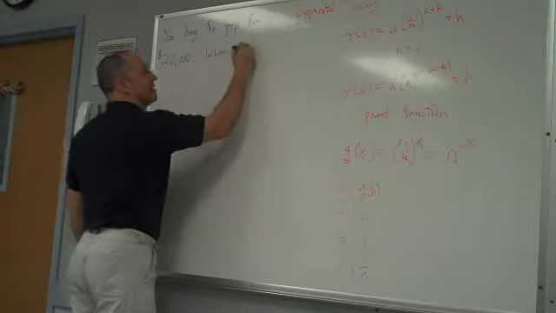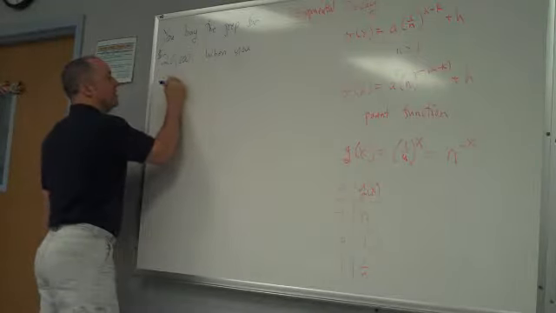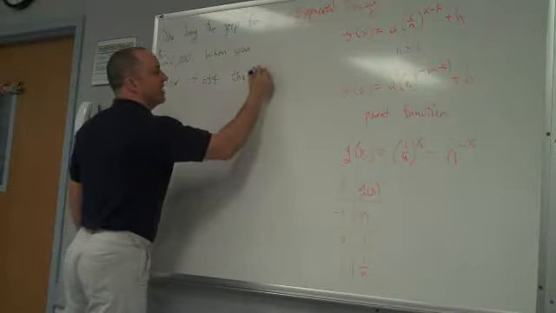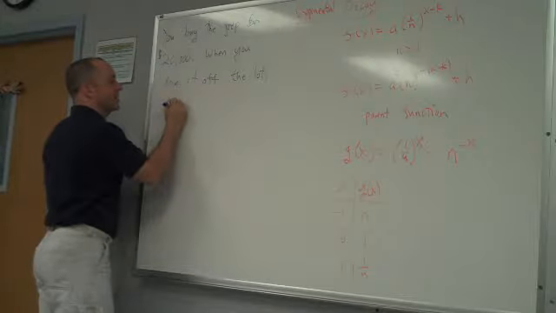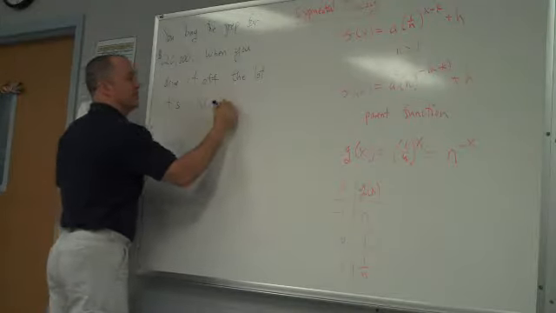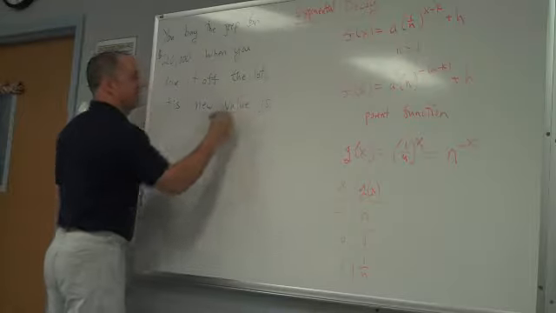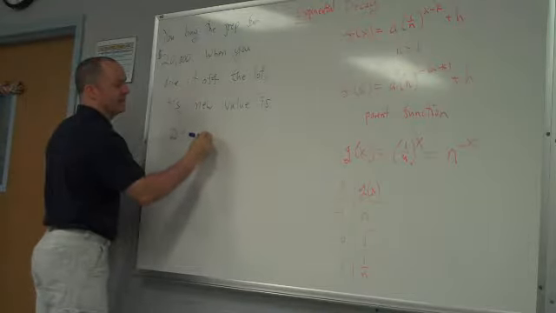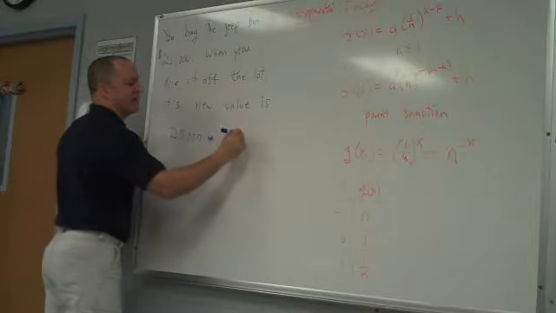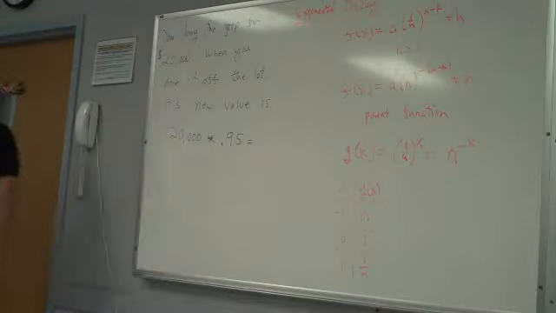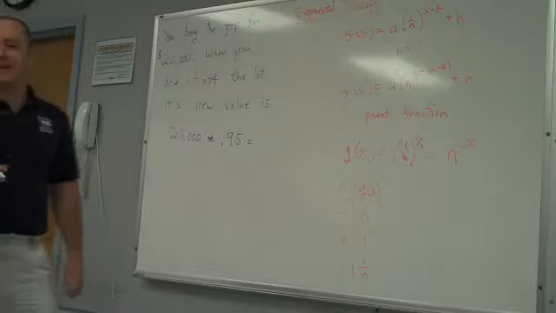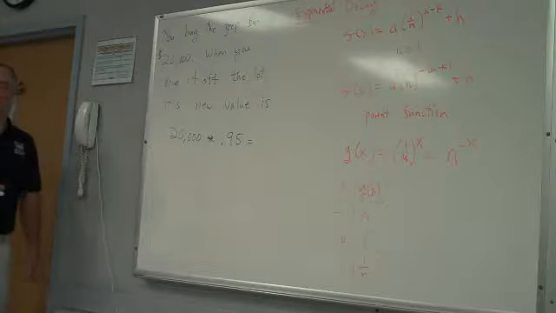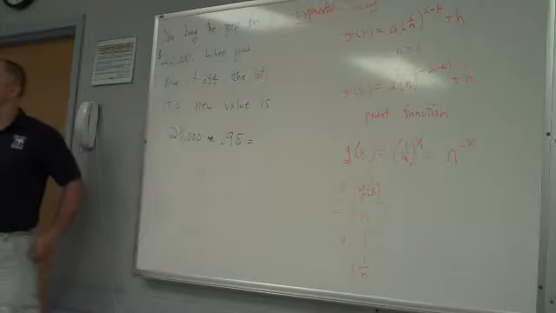When you drive it off the lot, its new value is $20,000 times 0.95. Who's got a calculator handy? What's 20,000 times 0.95?